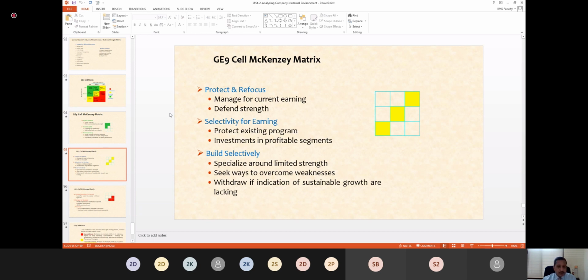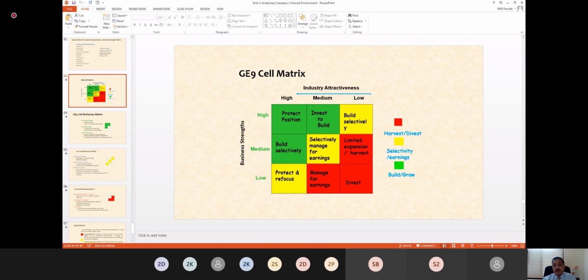The second category is selectivity for earning. If you see the middle category, it is characterized by medium industry attractiveness and medium business strength. So here you can selectively manage your earnings.